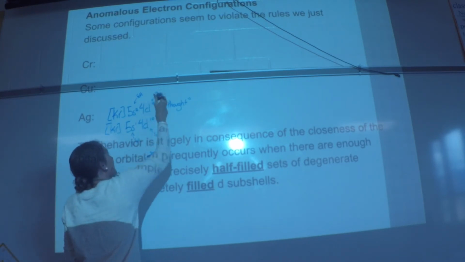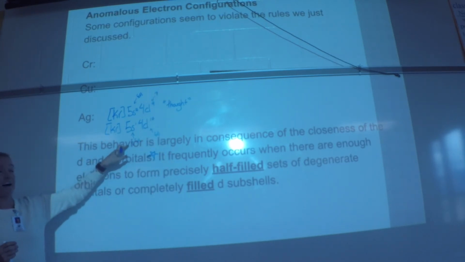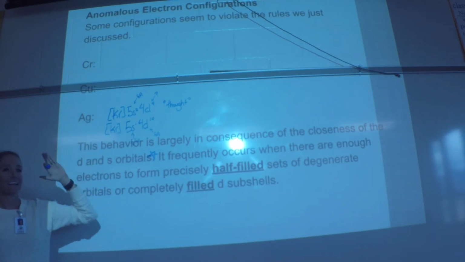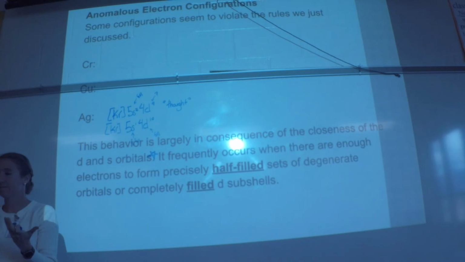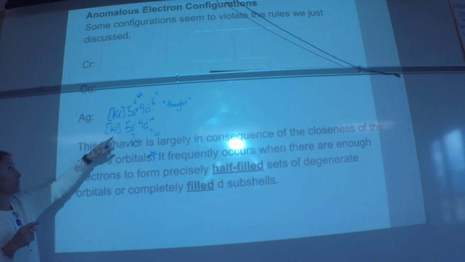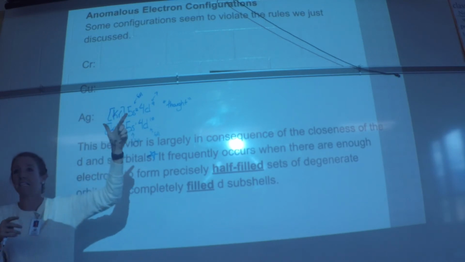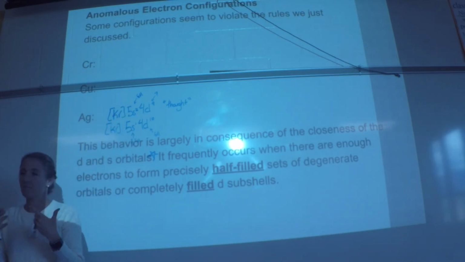It's awkward between half full and fully full. Half full and fully full are more stable. And so that's why silver, literally silver as an atom, moved one of its electrons into the d to make itself more stable.